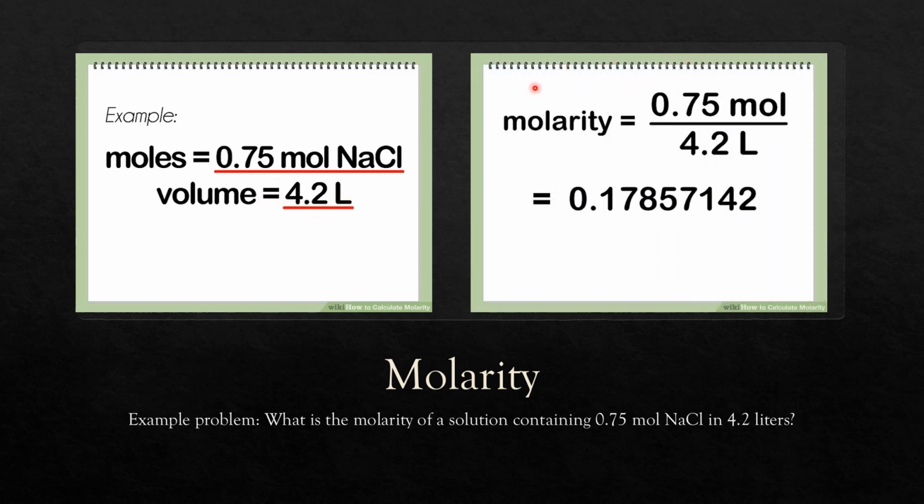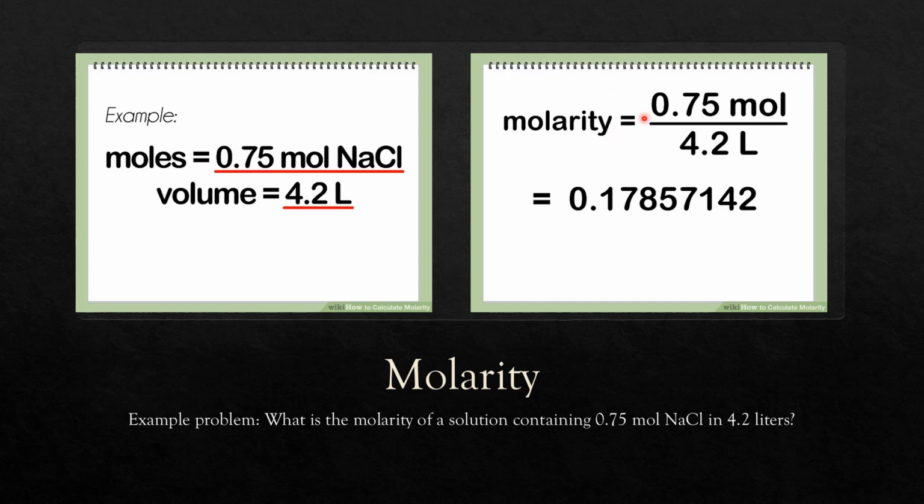To get our molarity, we just substitute our values into our formula. Molarity is equal to the moles of our solute over the liters of our solution. So we just divide the number of moles by the number of liters.